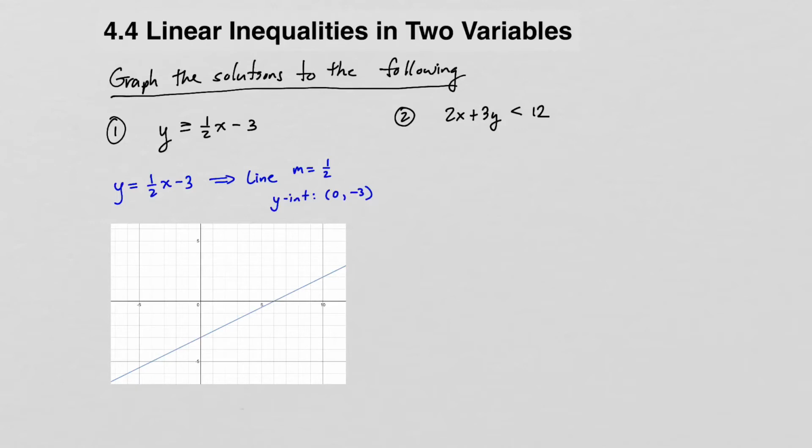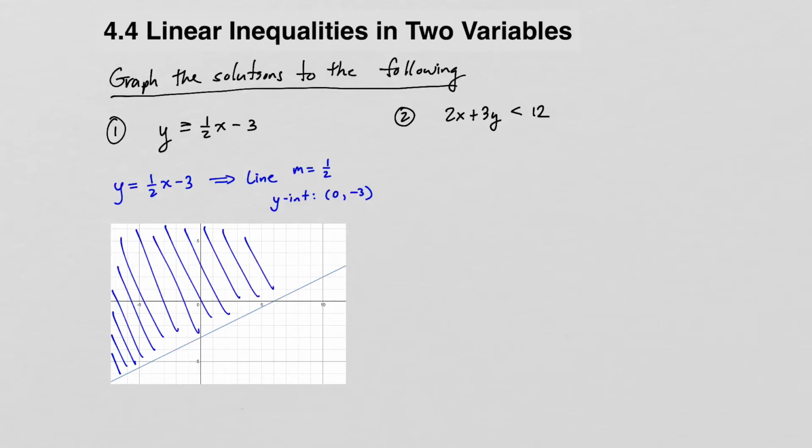So we don't actually have to get a test point. We can simply use the fact that greater than means you shade above the line. Now, to be really specific here, in order to use this method for graphing, you need to make sure that y is all by itself when making that decision.